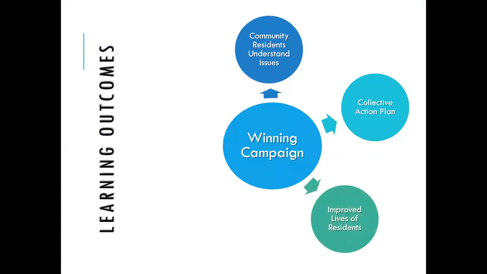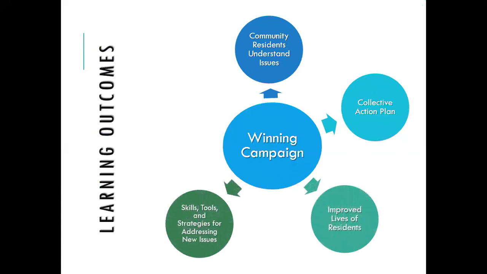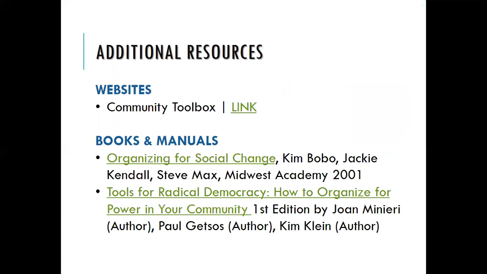Lives of our residents will be improved through the work that we're doing. Leaders will have new skills and tools and strategies for addressing other issues that face their community. And lastly, I think some of the outcomes from this kind of campaign is really that more residents are going to want to be engaged in being change leaders.